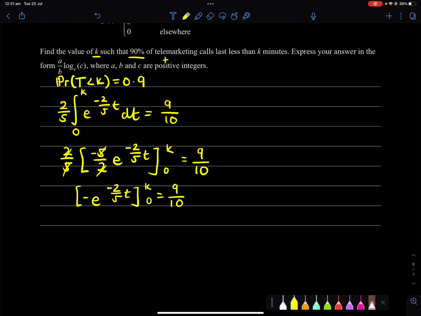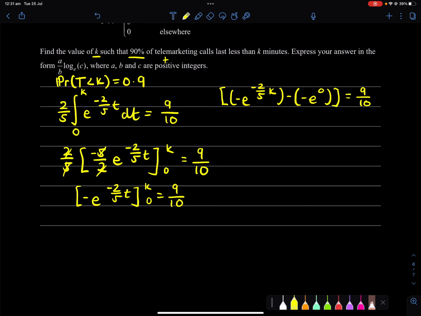All right, so nearly done with this. That will be negative e to the negative 2 over 5 k, minus negative e to the 0, equals 9 over 10.